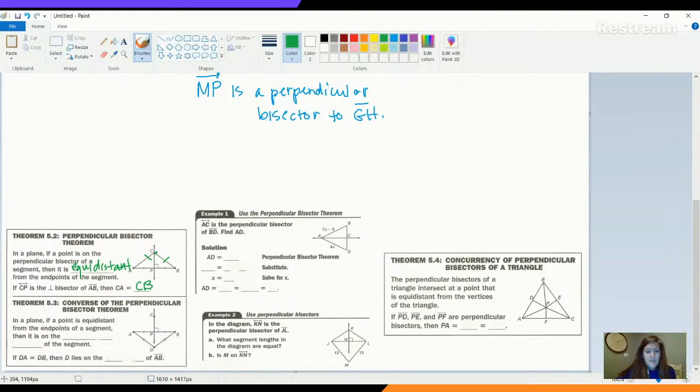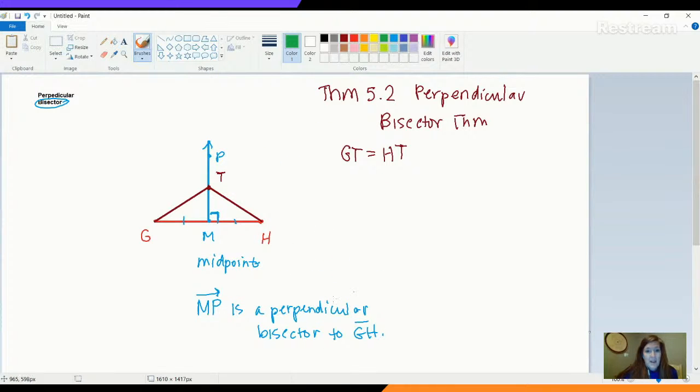Okay, so that's the first theorem that we're going to learn. The second theorem, we're going to go back up to this picture, and I'm going to use my magic tools of the computer here, and I'm going to erase the couple pieces of information that I have. Now, the next theorem that we're going to talk about, we start with this picture here.